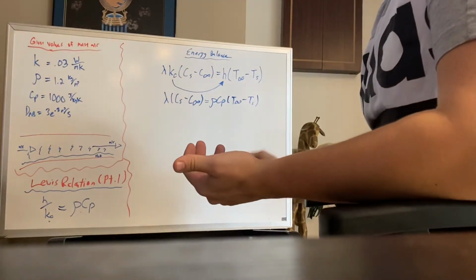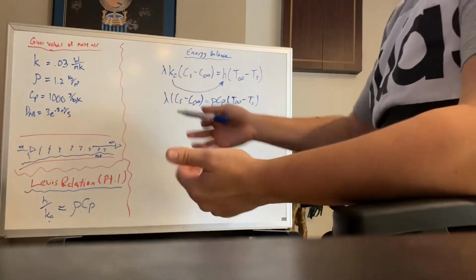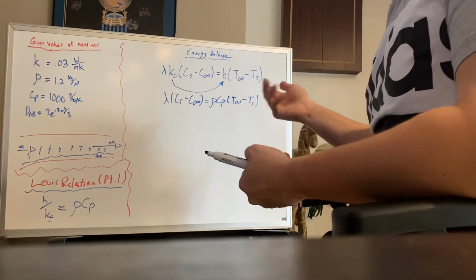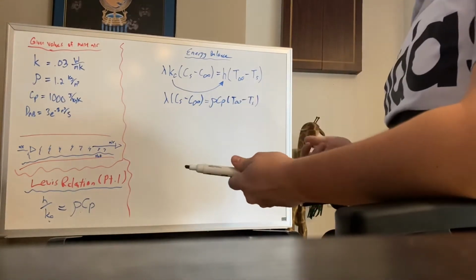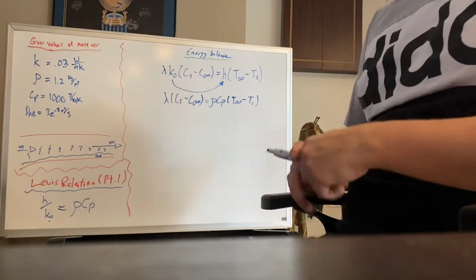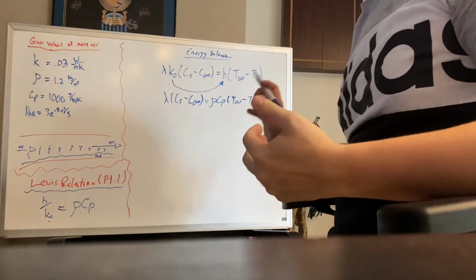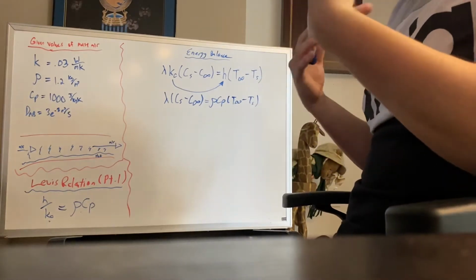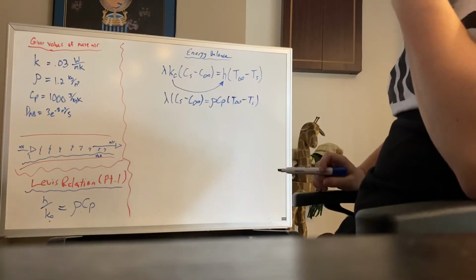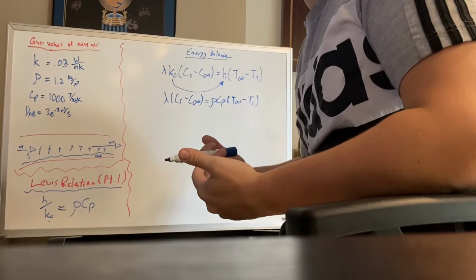Now we have this equation where the heat of vaporization multiplied by the difference between the concentration at the surface and some place far away is equal to the energy outlet, which is the density times the heat capacity multiplied by the temperature difference between some point far away and the surface. Because this is an ideal gas, we can change the concentration values and also the density value so that they are more representative of the pressures and partial pressures in the system.